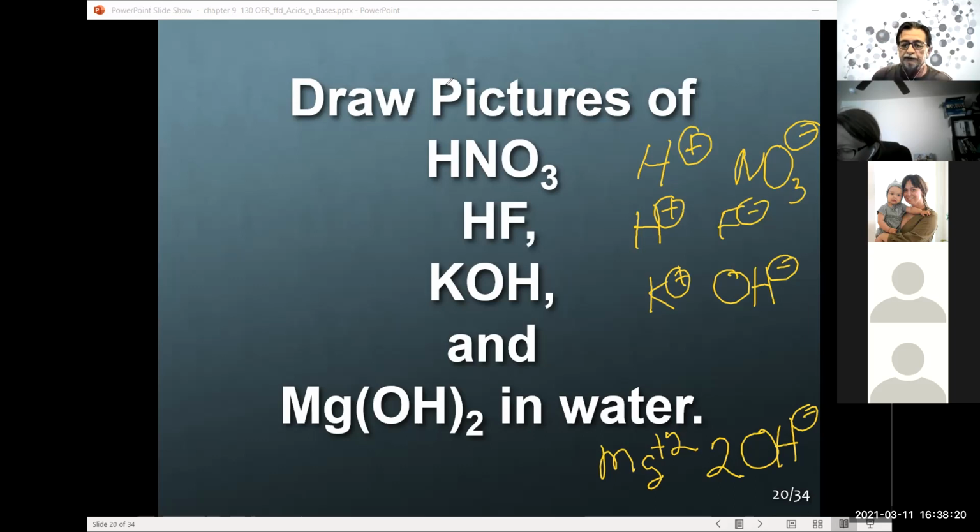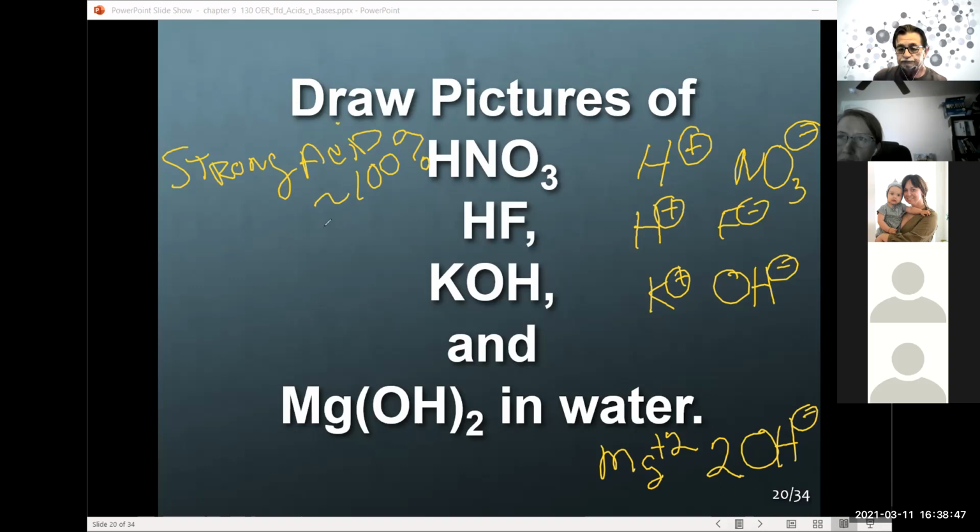HNO3, we had defined earlier as a strong acid, okay? Which tells you that we're going to dissociate this thing approximately 100%. Okay, so that means that the ions that we make are going to be totally all just ions.